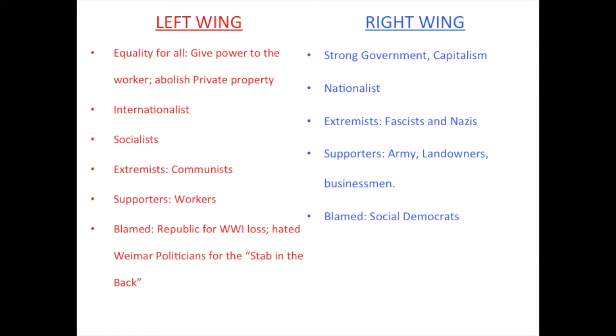They blamed the Republic for the loss of World War I, and they hated the Weimar politicians for the famous stab in the back. The right wing believed in strong government and capitalism. They were a group of nationalists who put the nation above the individual. Their extremists were the fascists and the Nazis, and their supporters were businessmen, landowners, and military.